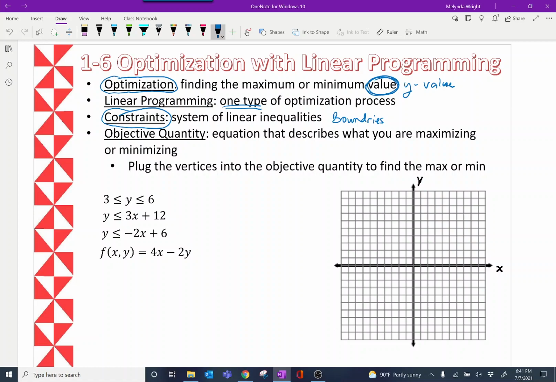And then the last vocabulary word is called objective quantity. This is the equation that describes what you're maximizing or minimizing. So let's look at, I'm just going to label these things down here. These three inequalities would be called your constraints.